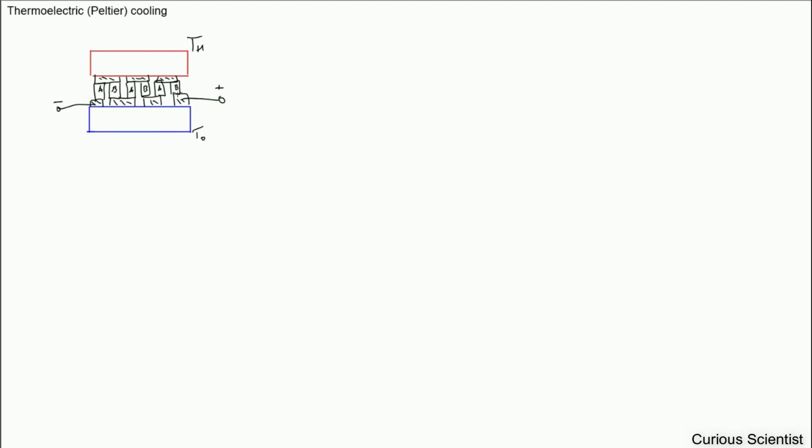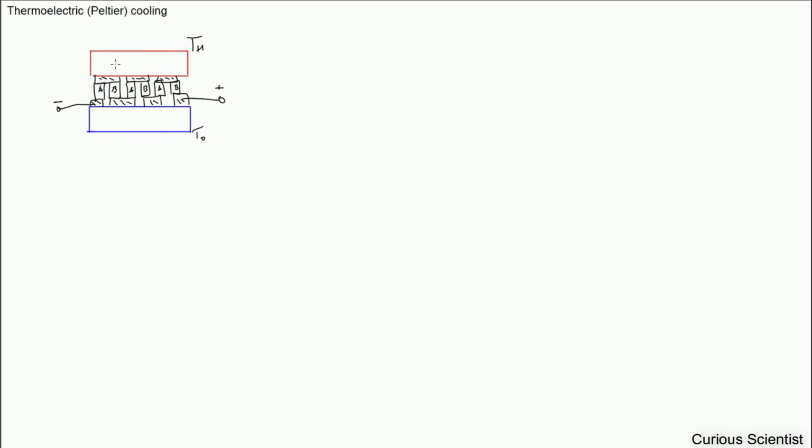I think one of them is like tin and bismuth, so that is how they work. And then these blue and red rectangles are usually some kind of ceramic. So you have this semiconductor sandwiched in between 2 ceramic plates, and that's what you touch when you hold your device, the ceramic plates.